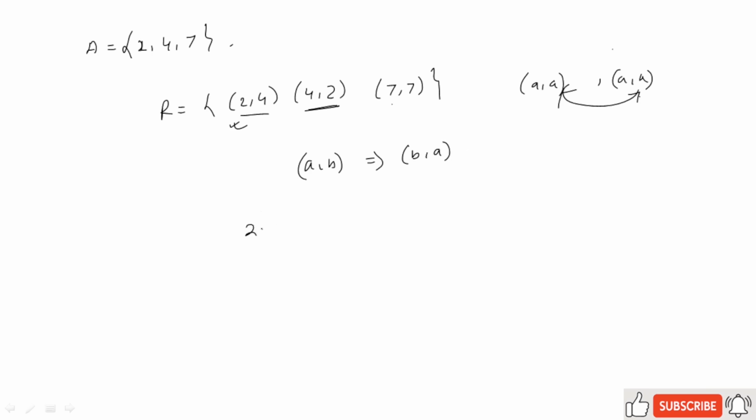That means (2,2), (4,4), (7,7) do not need to exist. Only whatever elements appear in the relation need to satisfy these conditions. The other elements do not need to satisfy these conditions in the case of a symmetric relation.